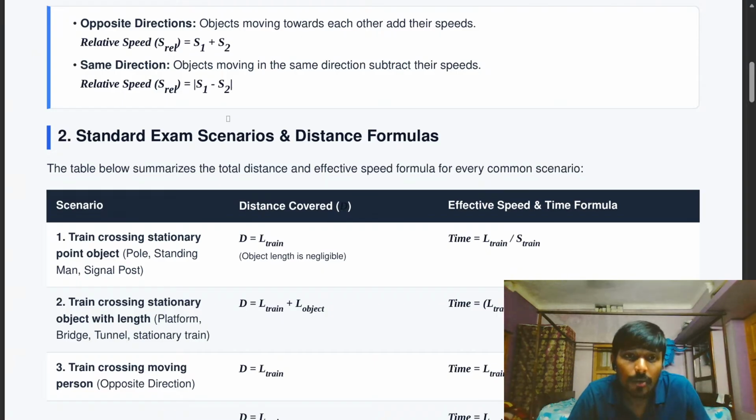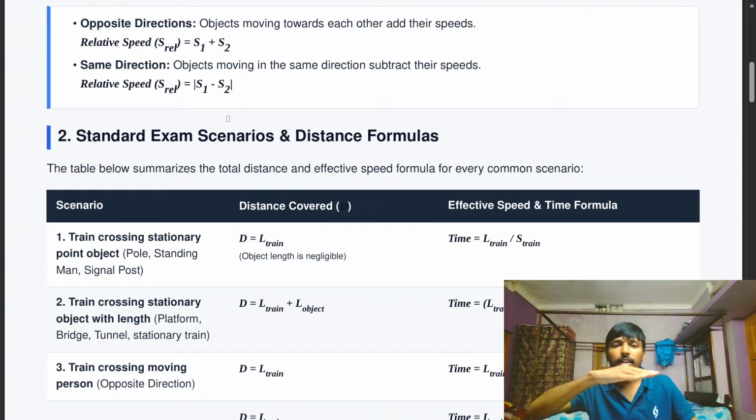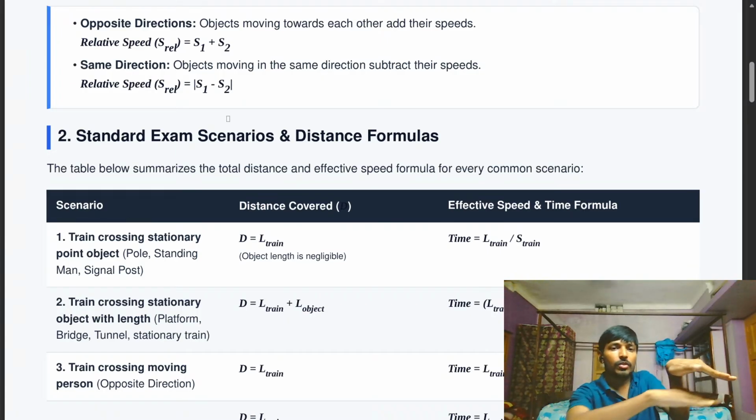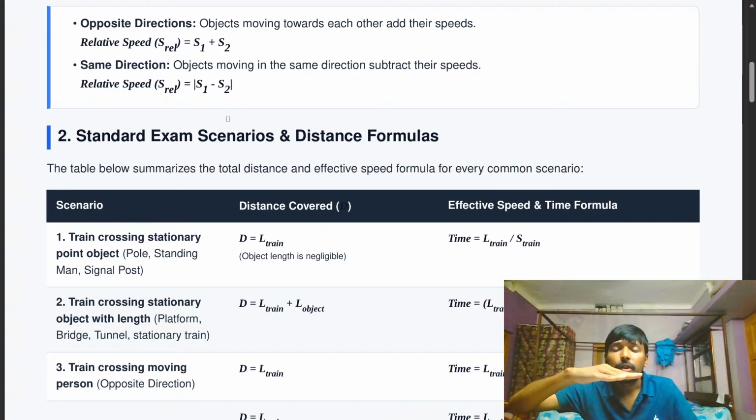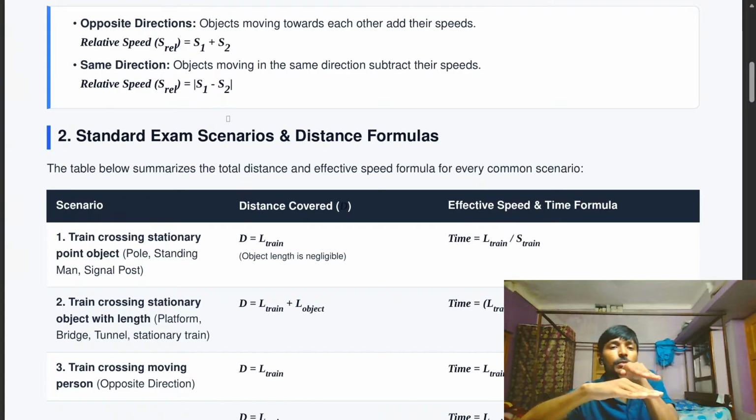And if objects are moving in the same direction, like this, okay, A train is moving towards this and B train is also moving towards this direction, then you have to subtract their speed. So if a train is moving towards this side and the speed of this train is 50 kilometer per hour and the speed of the other train is 30 kilometer per hour, then you have to subtract their speed.